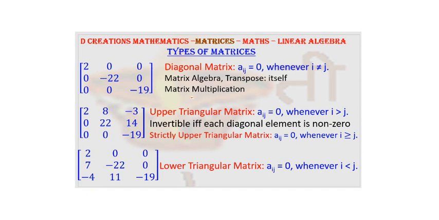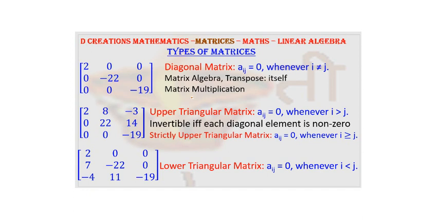Now, if you multiply two diagonal matrices of the same order, they give you a result which is commutative in nature. In the sense that suppose A and B are two diagonal matrices, then AB is equal to BA. So the order of taking matrices for multiplication doesn't matter here.